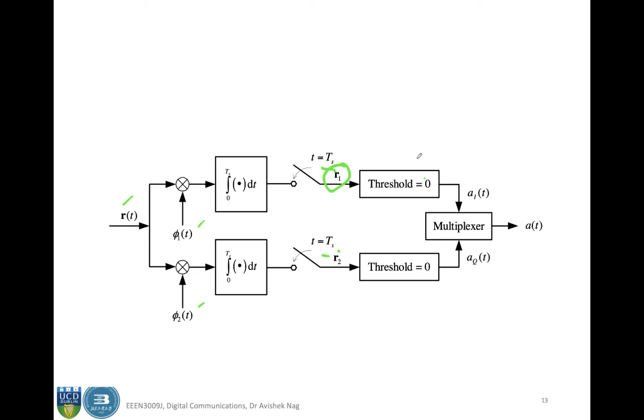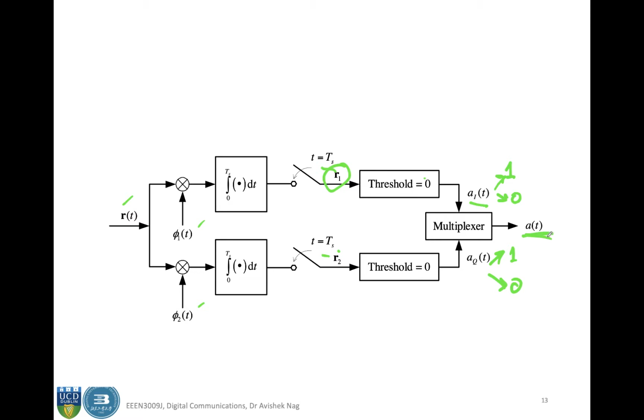So to check that you are comparing it with a threshold 0. So if it is greater than 0, then you decide that your AIT is 1. If it is less than 0, then you decide your AIT as 0. Similarly, you can decide what was your AQT, and then you combine them together in the multiplexer to find out the final signal, which is AT.